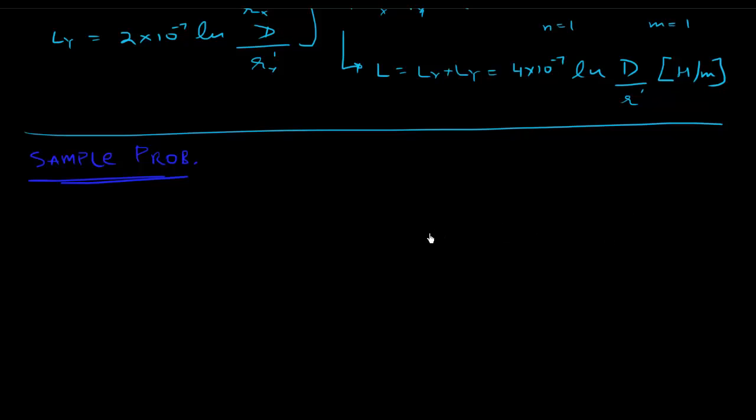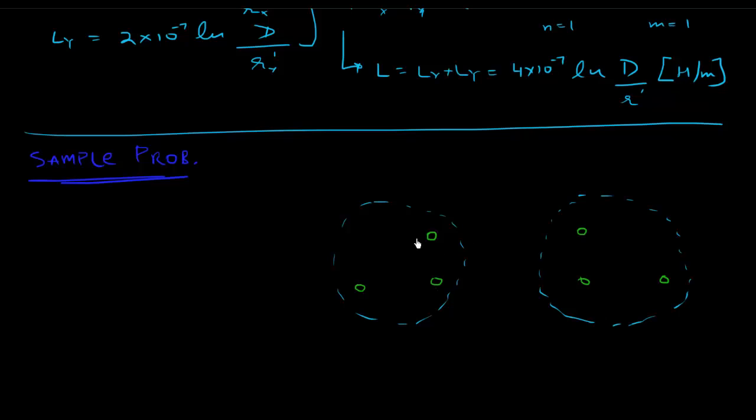So, okay, for conductor X, let us have 3 strands, and for conductor Y, let us also have 3 strands. These are all in a straight line, okay? So that's our conductor X, and that's our conductor Y. Now let me give you the distances.